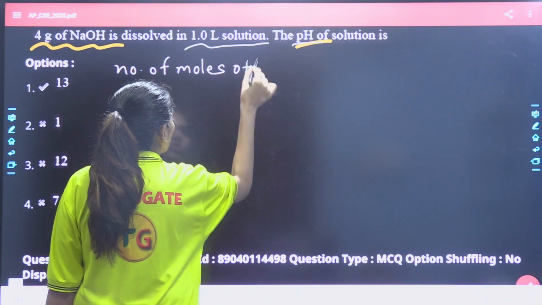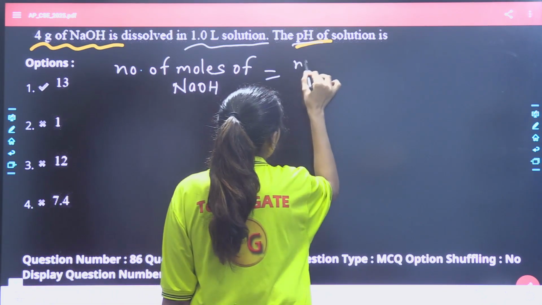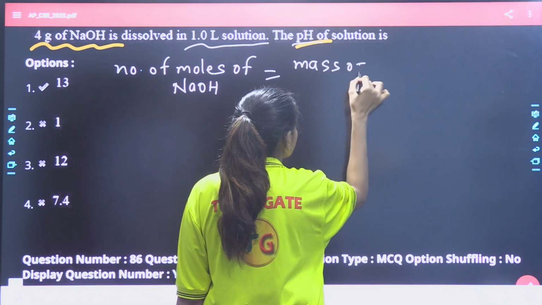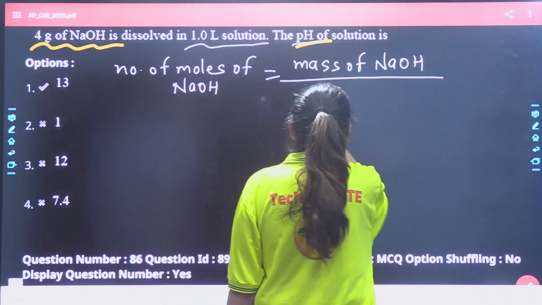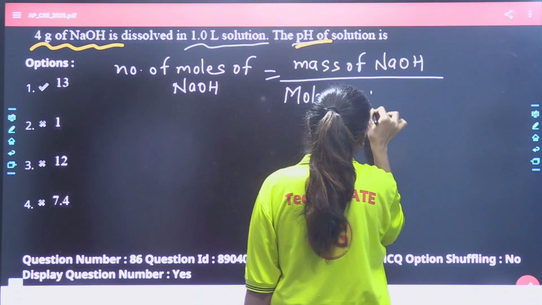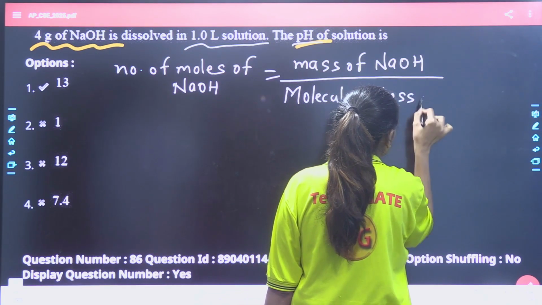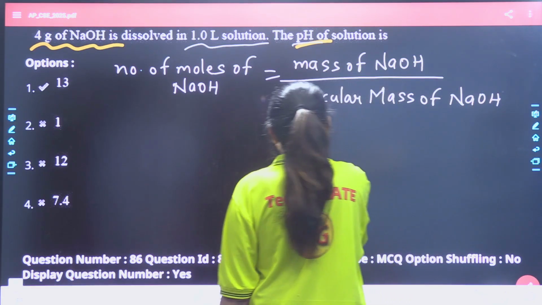Number of moles of NaOH would be the mass of NaOH divided by the molecular mass of NaOH.